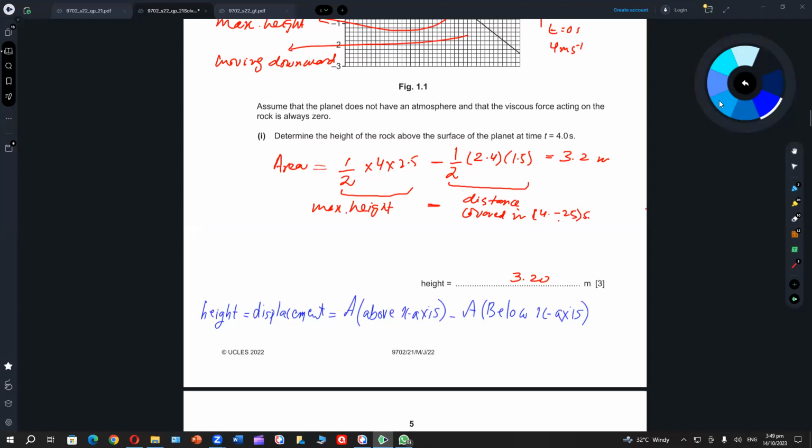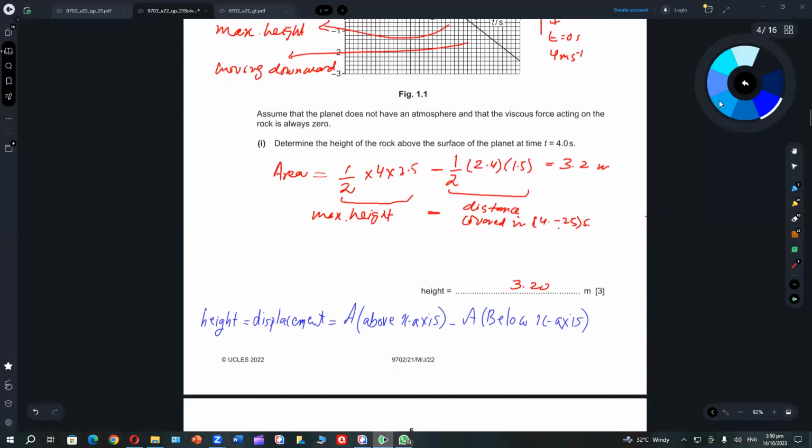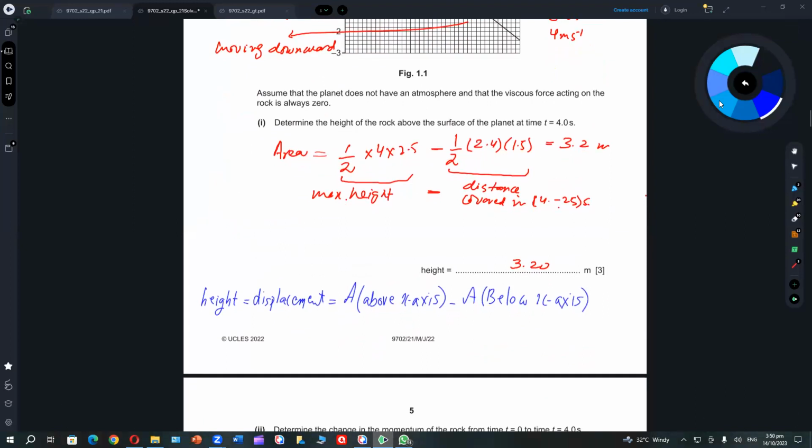It's a case of area above the x-axis and area below the x-axis. So please look at the figure and get the answer for me. I'm getting 3.20. I'm also getting 3.2. Good. Yes, sir.